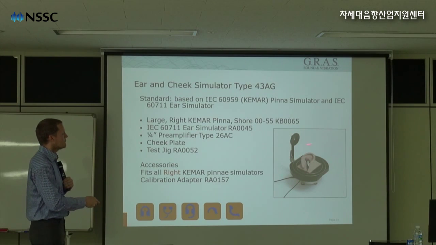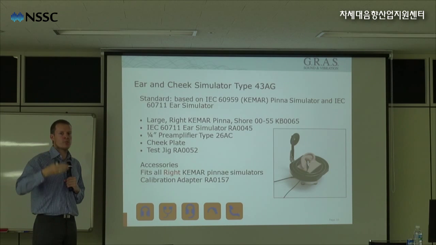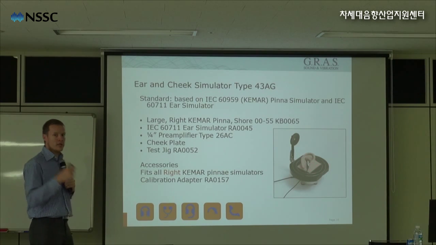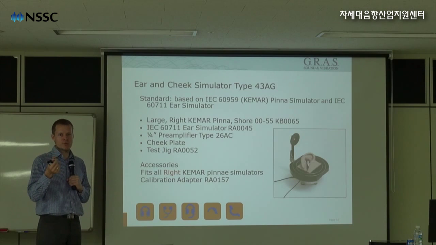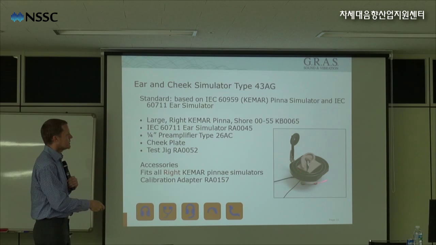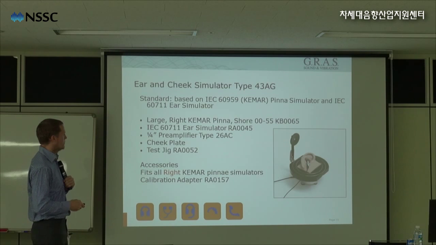So the combination of this will make the ear pinna of the human more realistic. It has better properties for acoustic testing of insert phones. And actually this kind of pinna is more suitable for fitting the insert phone into the pinna. You cannot put the insert phone in a mechanical pinna because it will not fit. So the fitting is better for this kind of system for insert phones.